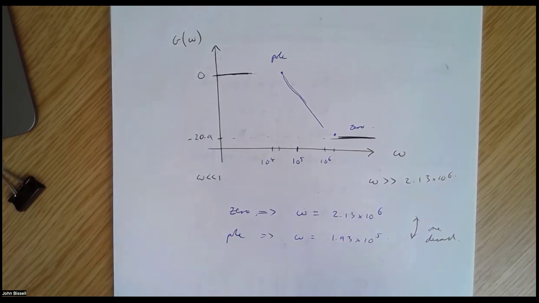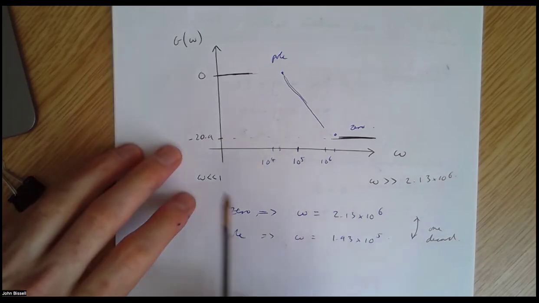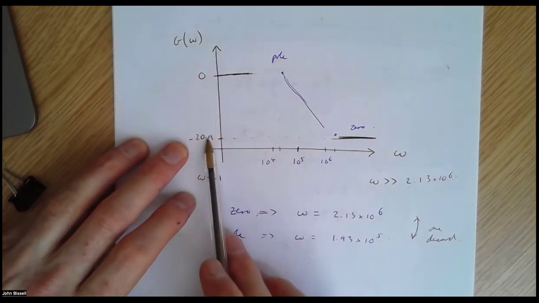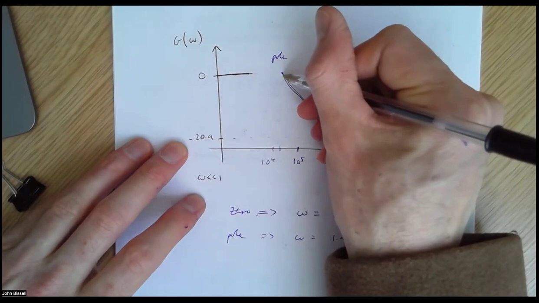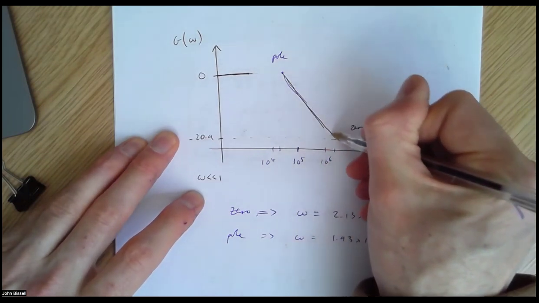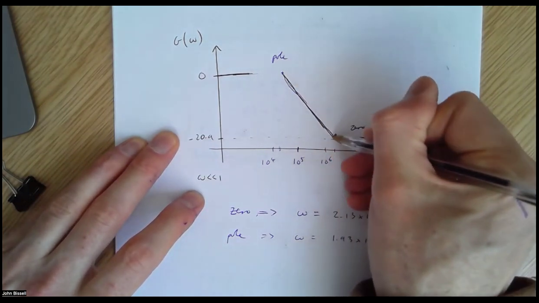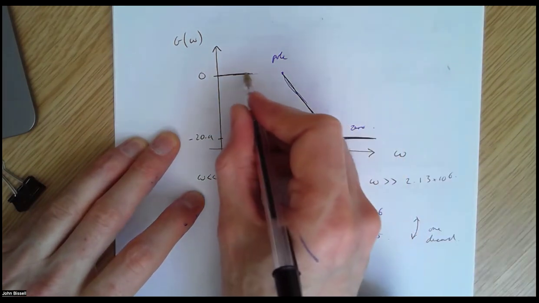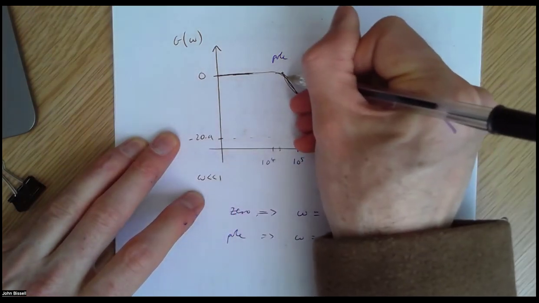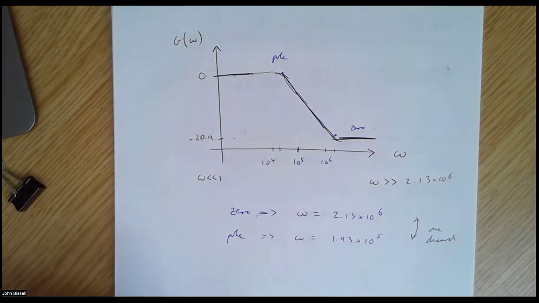Agreed, Gamaliel? They're almost different by 1 decade, and we've said it's got to decrease by 20 decibels. So it's basically got to do something like this, which is very close to the Bode approximation. This is our Bode approximation. We're just basically joining a straight line.